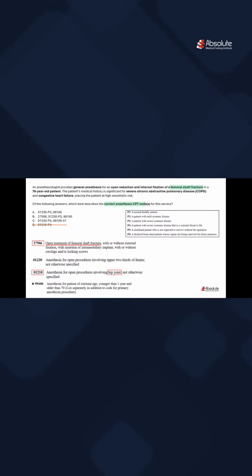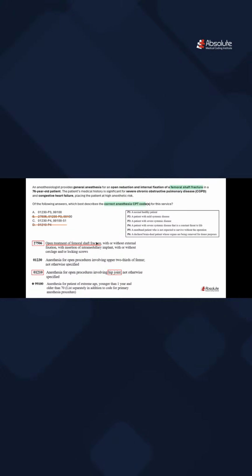The question was, of the following answers, which best describe correct anesthesia CPT codes? So 27506. Do you think this is an anesthesia code? No, right? This is a surgery code for a fracture treatment. So we are not going to use this code for this scenario. Just being a little bit forensic would have helped us eliminate option B.